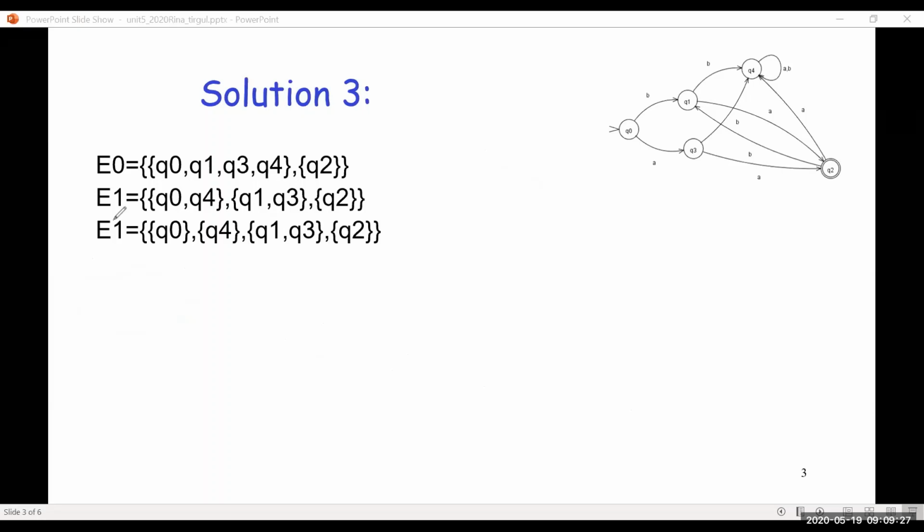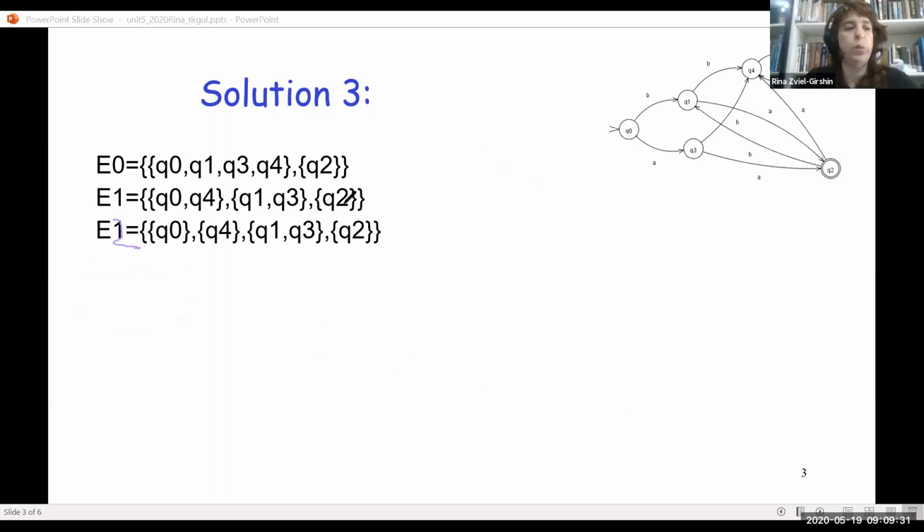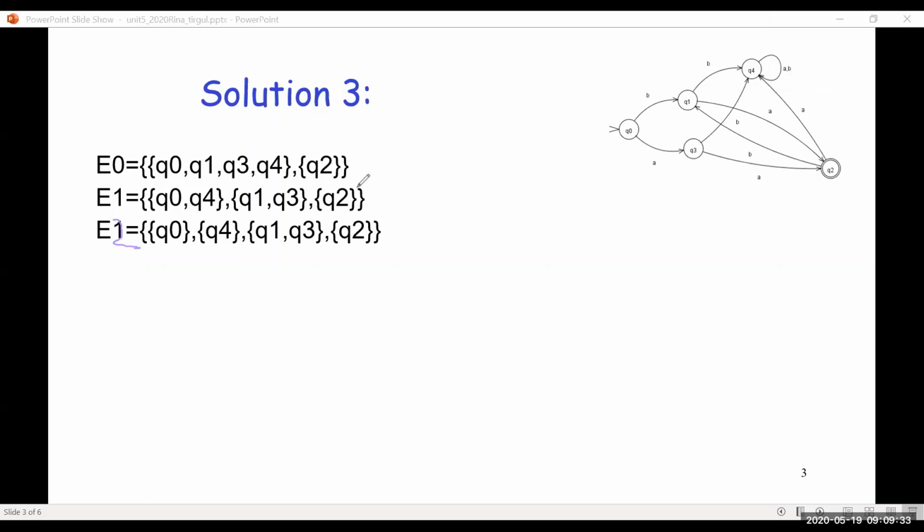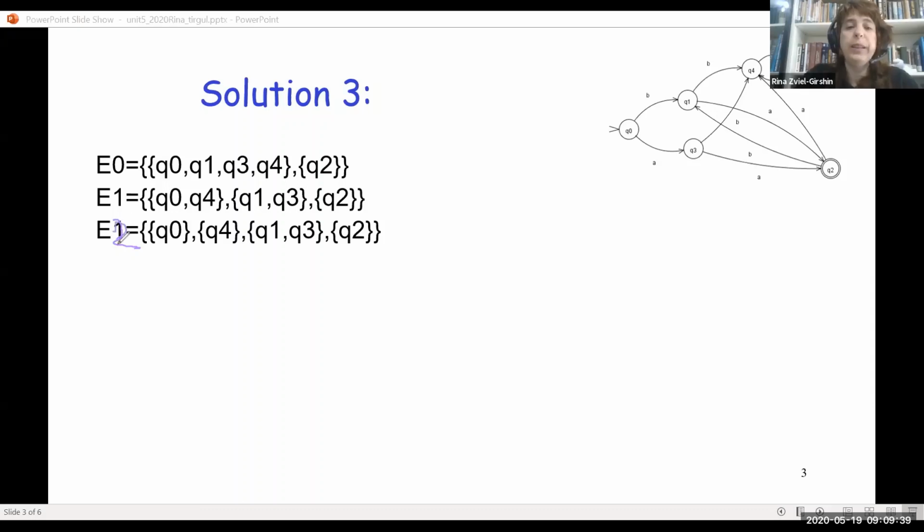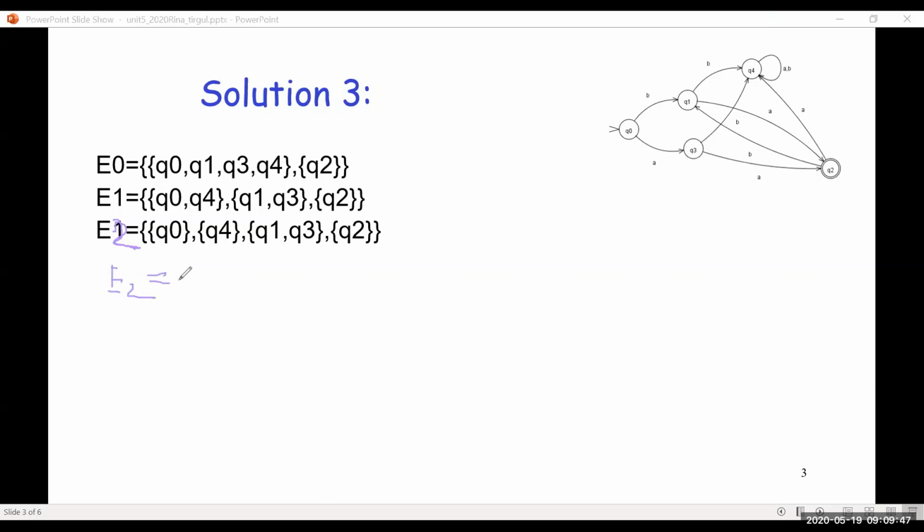You want us to draw it? Yeah, okay. It will take you something like 2 minutes. Where's E3 though? There was a final one, no? 2 is the final one. You know that you stop. E2 equals to E3. That's why we stopped. And Q0 is the initial state.